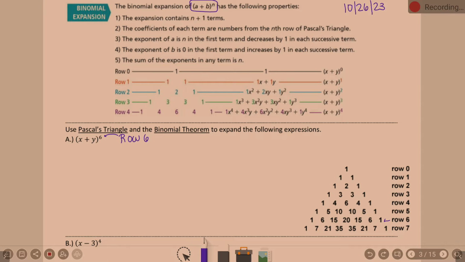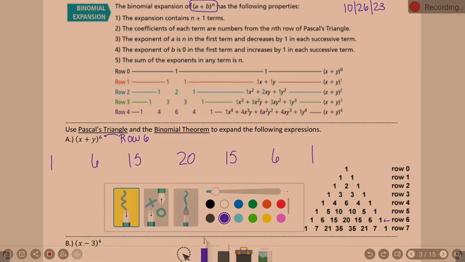I'm going to start over here at the left, and we've got 1, 6, 15, 20, 15, 6, and 1. And if that triangle wasn't there, I'd probably space them out even more. So that's because it's row 6. Now, let me change colors here.